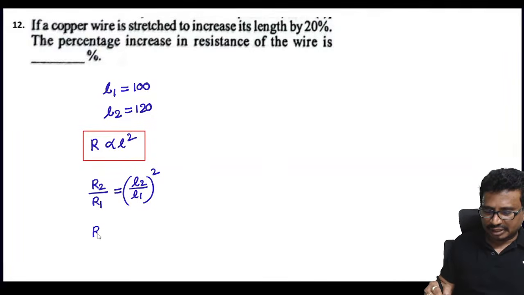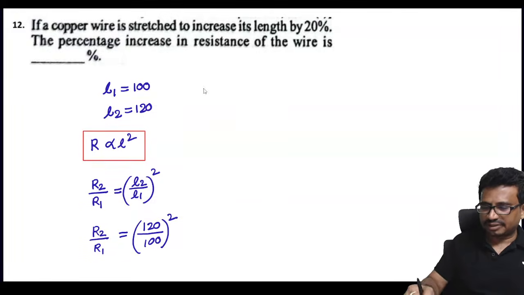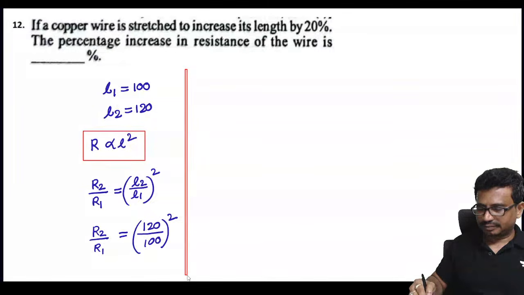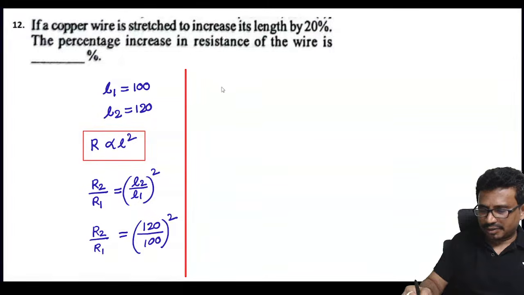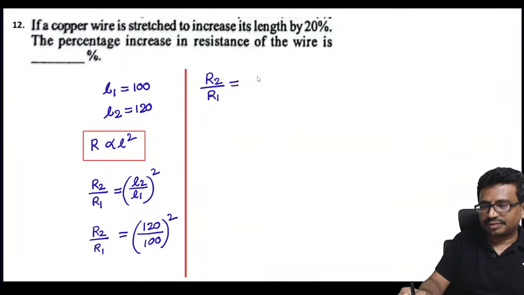So R2 by R1 is equal to 120 by 100, whole square. Now you can tell me how much will come. R2 by R1 is equal to, so 6 by 5, that means 36 by 25 now.